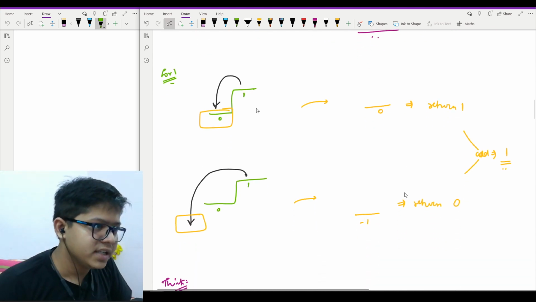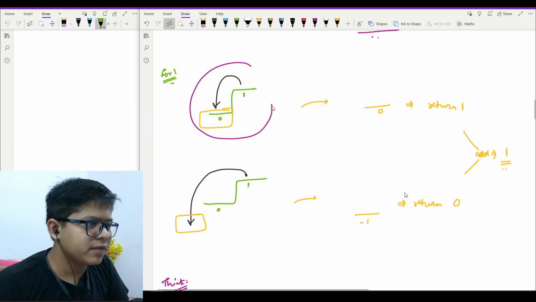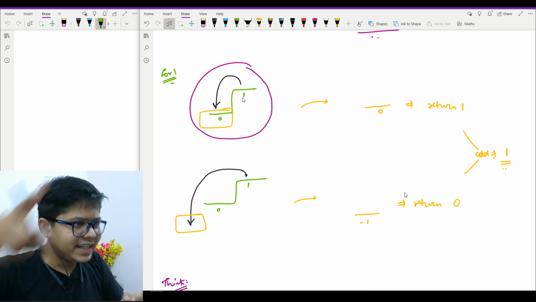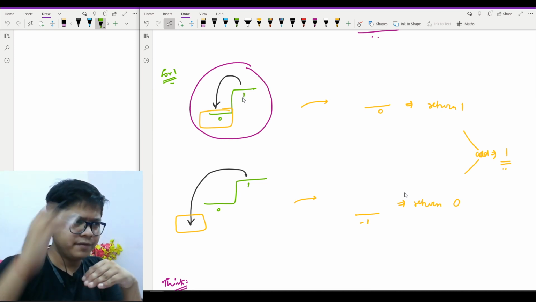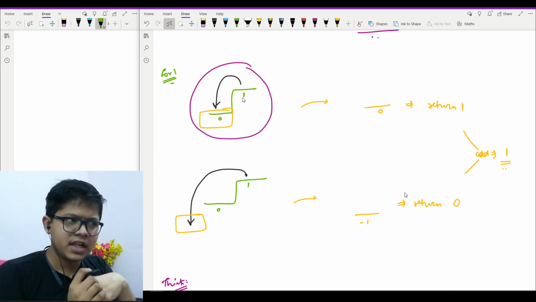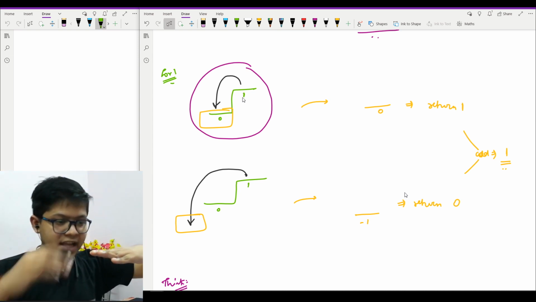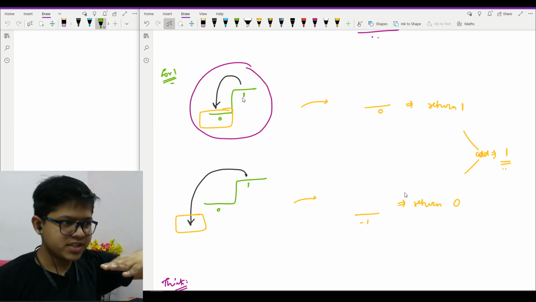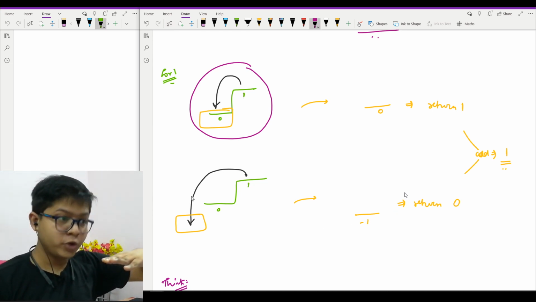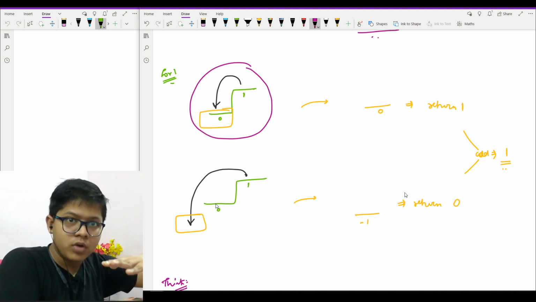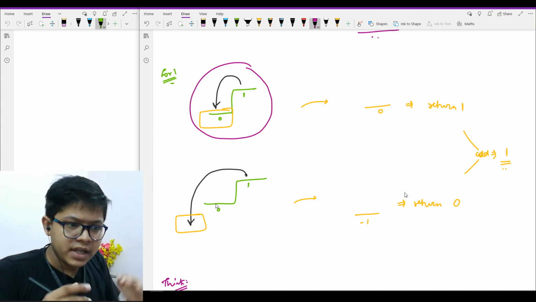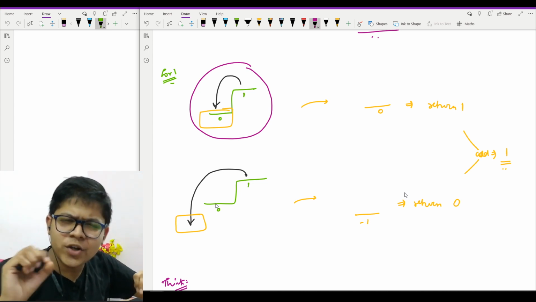Very fine. When I have the staircase of 1, I will take a jump of 1. If I take a jump of 2, then I will go below the ground, which is not possible. Not possible means 0 ways.